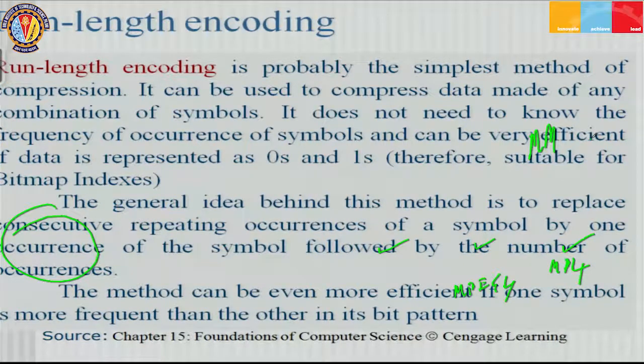You can apply run length encoding on that. The general idea behind this method is to replace consecutive repeating occurrences of a symbol by one occurrence of the symbol followed by the number of occurrences, or the length of what we call the run. The next few slides will give you a clear idea of this.